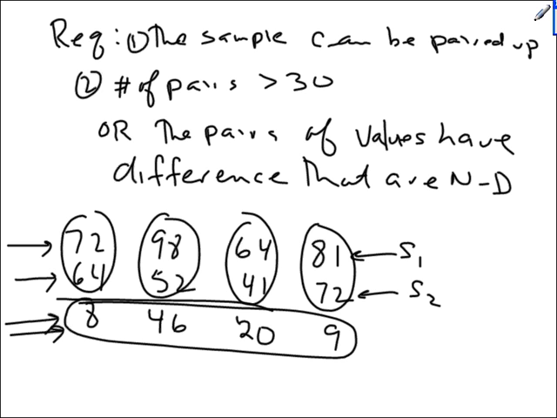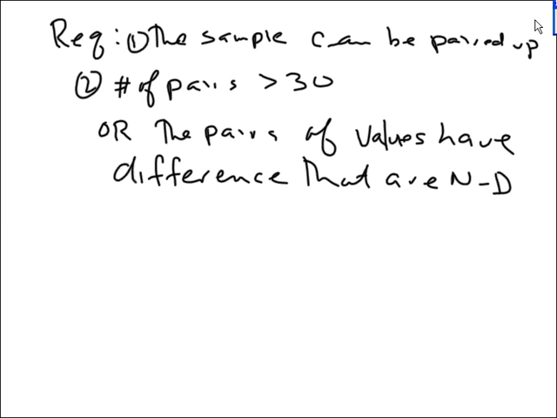Okay, you have two sets of data, sample 1, sample 2, and they're paired up. 72 is paired up with 64. 98 is paired up with 52. If you compute their differences, which I did on the bottom, this list of numbers is normally distributed. If that's true, then requirement number 2 has been met. Again, it's easy to use the first part of criteria 2: the number of pairs is bigger than 30, or the differences of these pairs are normally distributed.